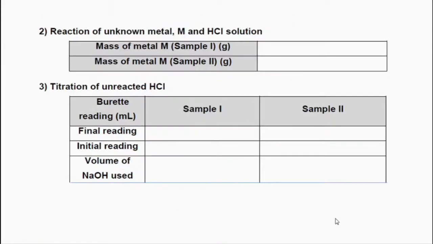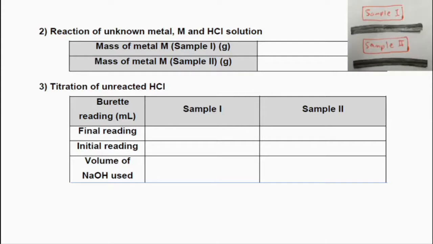Right, so next we are going to look at the mass of the metal M used in this reaction in part B, reaction of unknown metal M with the hydrochloric acid solution. We need to prepare two pieces of metal M, and we label them as sample 1 and sample 2.